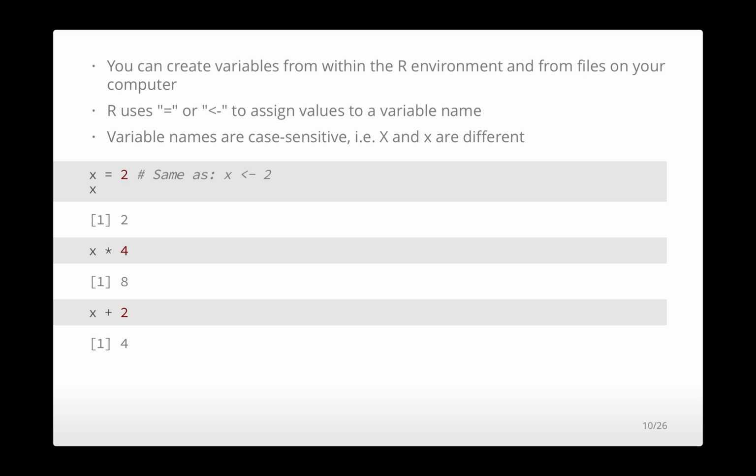R can have hundreds of data sets loaded in, and 50 models fit in 50 different variables. That makes it more flexible, but also sometimes more confusing. When I say X equals 2, that is not a column in a data set. It has nothing to do with a data set at all. It's just the number 2 assigned to a variable named X. So whenever I want to use 2, I can use X and it'll be the exact same thing.